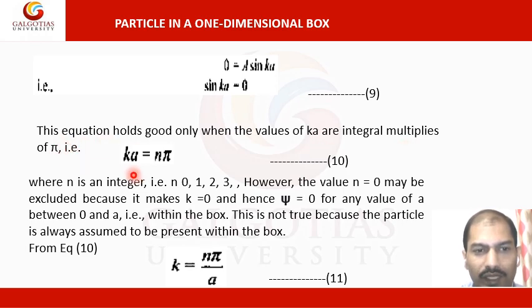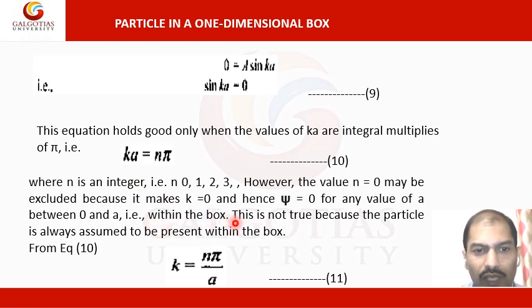Also you can say ka equal to n pi, where n is an integer value like 0, 1, 2, 3. However, the value n equal to 0 is excluded because it makes the value of k equal to 0.